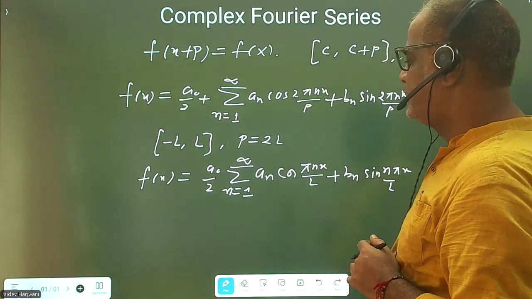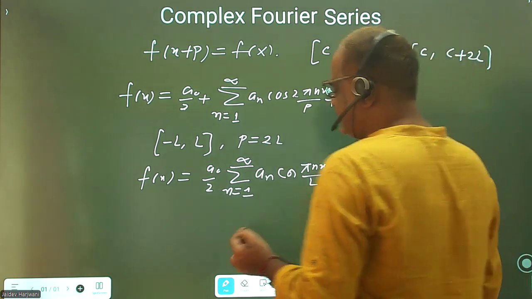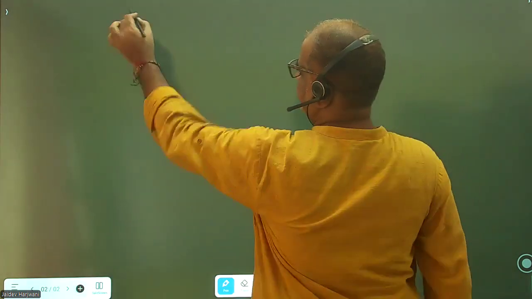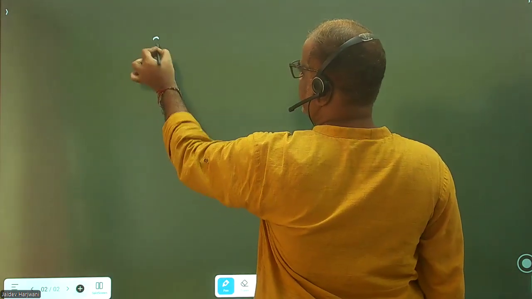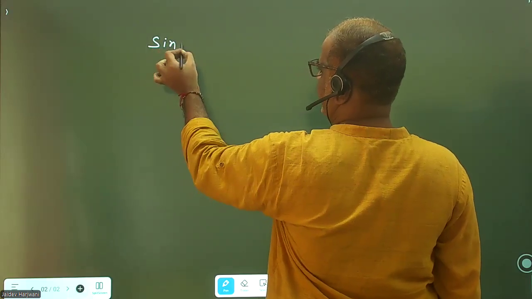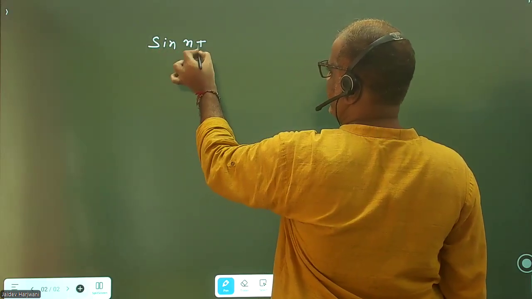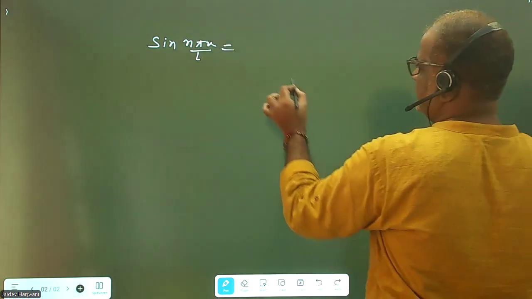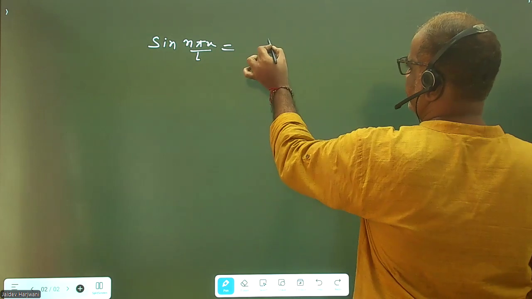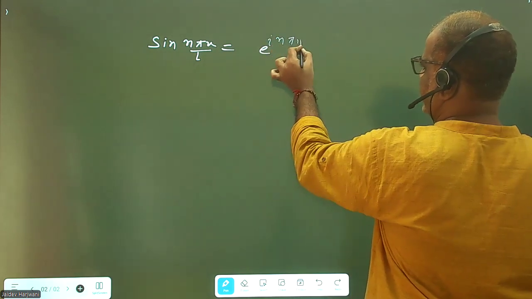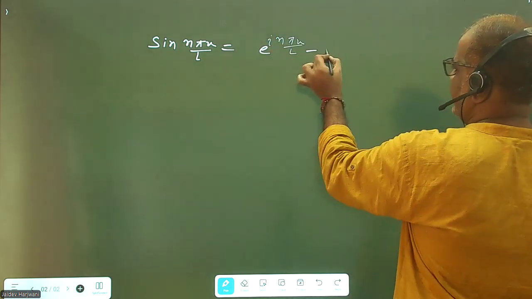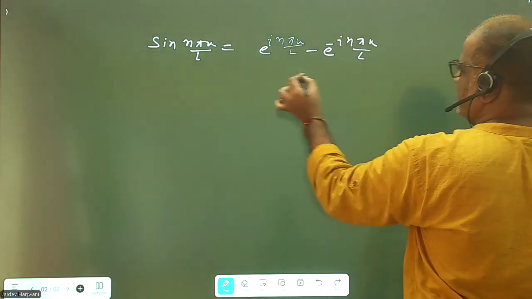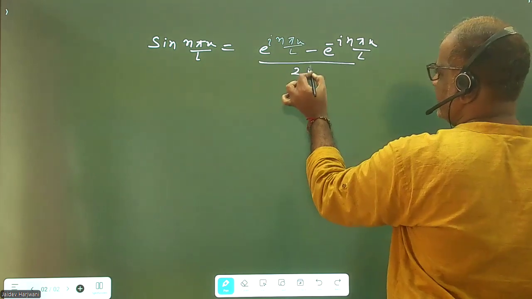Now, we know sine of n pi x upon L can be represented as e power iota n pi x upon L minus e power minus iota n pi x upon L, upon 2 iota.